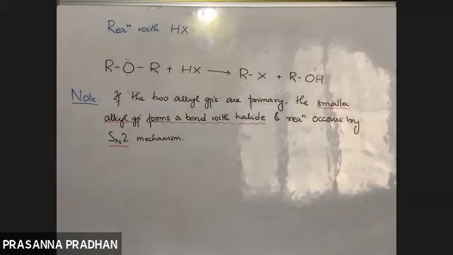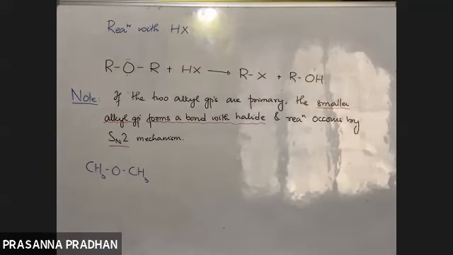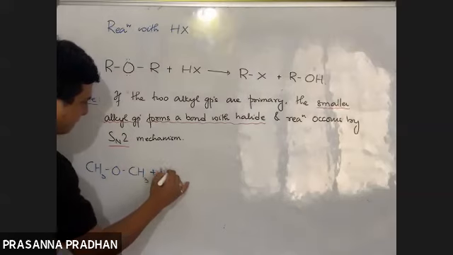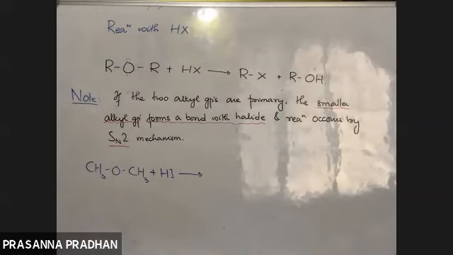Now, for example, suppose I take this compound, dimethyl ether, or what is the IUPAC name? Methoxymethane. So what happens when I treat this with HI? What happens when methoxymethane is treated with HI? Both the alkyl groups contain the same number of carbon atoms.